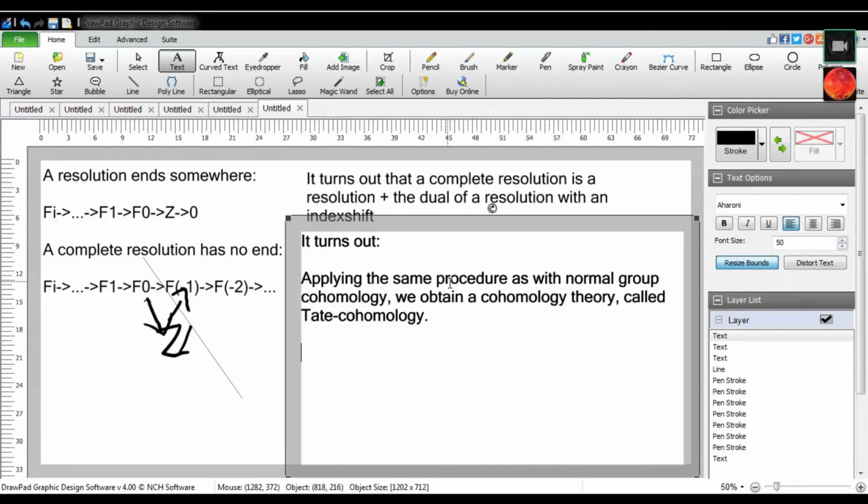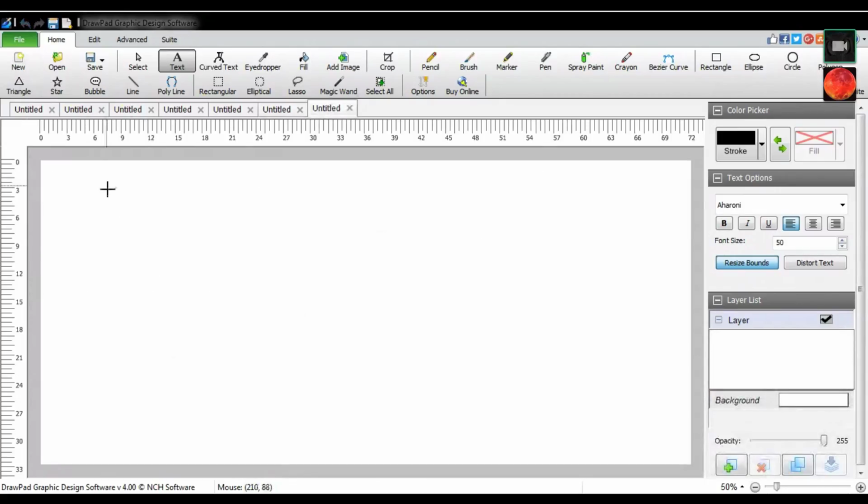Just one thing about the structure. This is really important: what does the Tate cohomology actually look like? It almost looks like normal homology and normal cohomology, but they kind of glue together in the 0th and negative 1st dimension. I think this picture could maybe illustrate this. This is something I definitely need to draw.